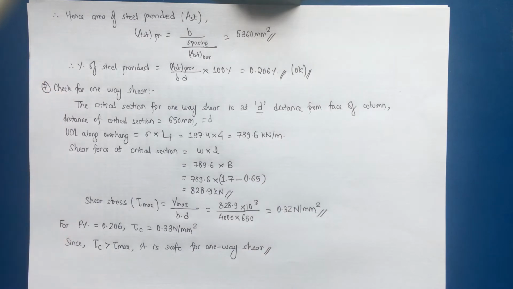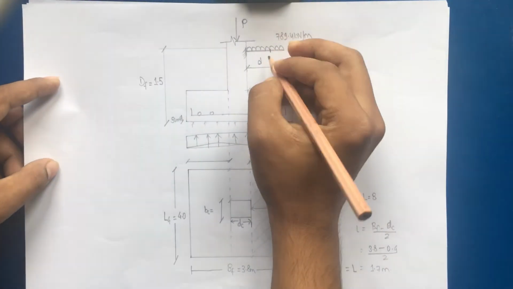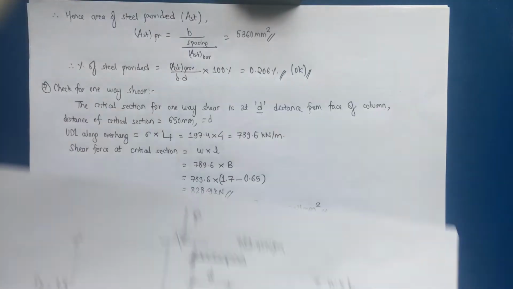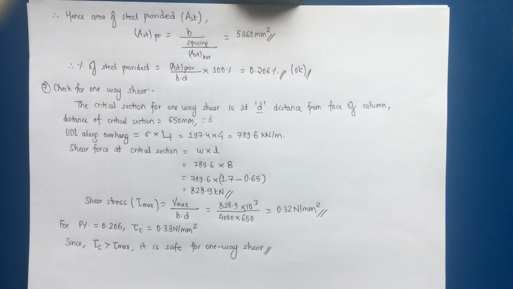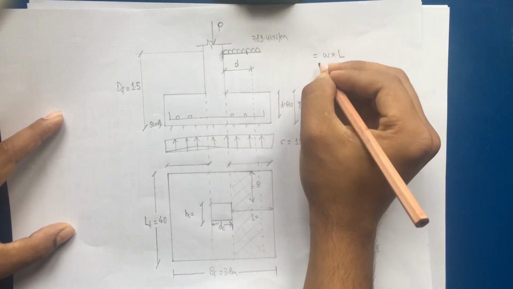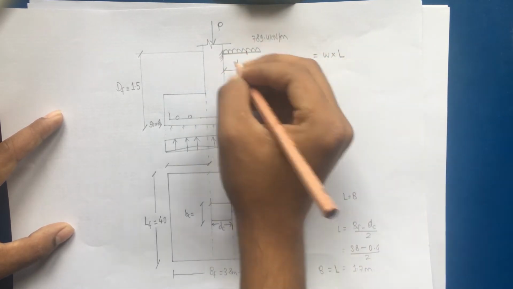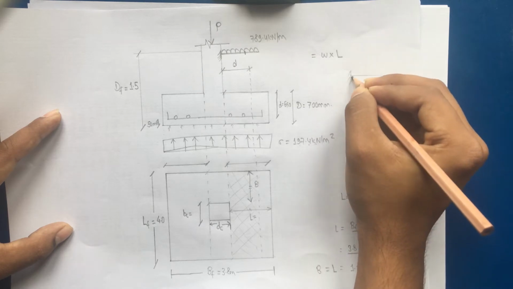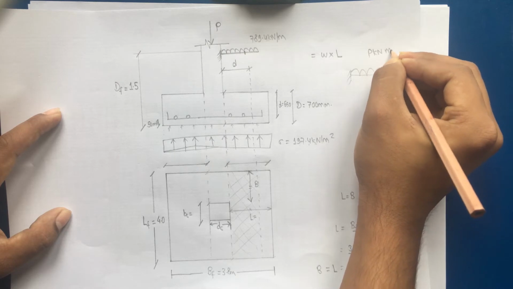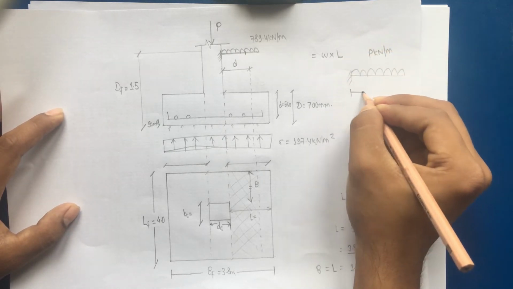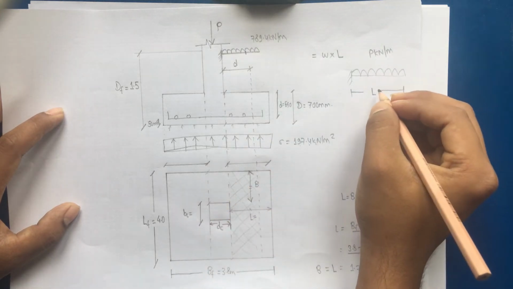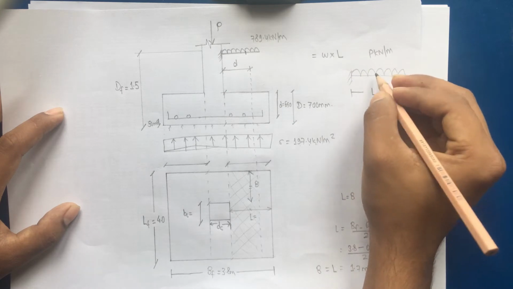And for a cantilever beam, the shear force is calculated as W into L. For a particular section, suppose this is the cantilever beam and it is subjected to P kilonewton per meter, and the span of the cantilever portion is L. Now we have to find the shear at a particular distance d.